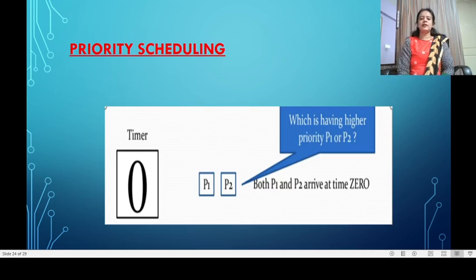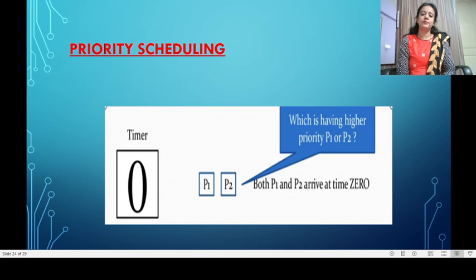Priority scheduling is another CPU scheduling algorithm. In this, each process is given a priority as an integer value. For example, first rank, second rank, depending on their marks, we give ranks like that. Each process is assigned a priority, and depending on the priority, the highest priority process is given a chance to execute.